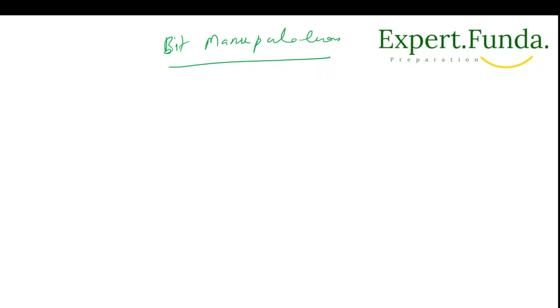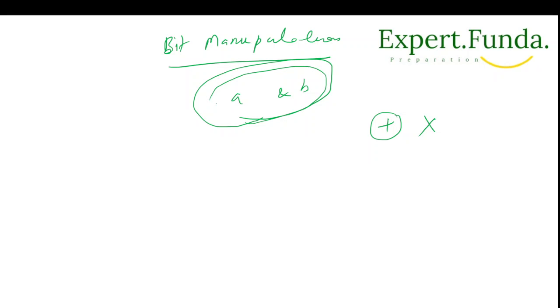You have understood that question, right? The interviewer has given two numbers A and B, and you have to do the sum without the plus operation, and return the sum of A and B.